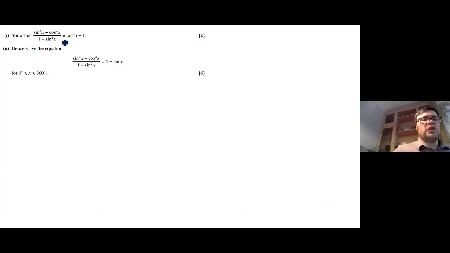So again, you've got your 3 lines, so you have to show that sine squared x minus cos squared x over 1 minus sine squared x is equivalent to tan squared x minus 1. First thing I would do is notice that 1 minus sine squared is cos squared. So we have sine squared x minus cos squared x over, instead of 1 minus sine squared, I'm going to write down cos squared x.